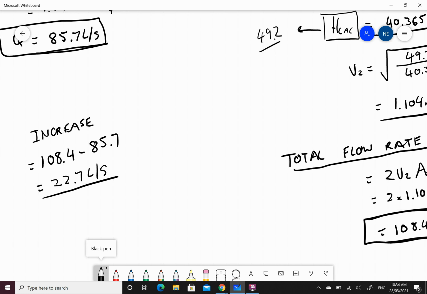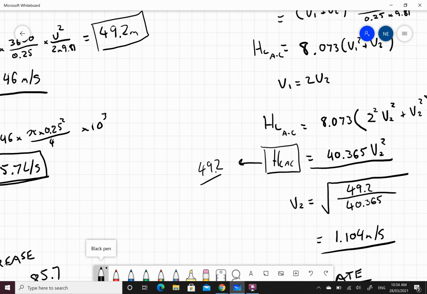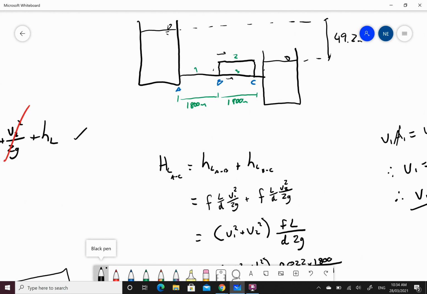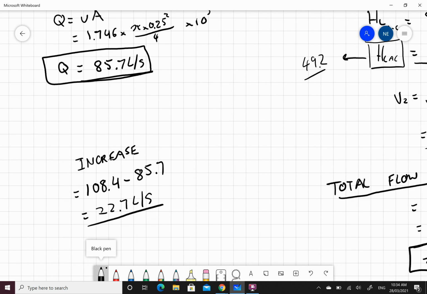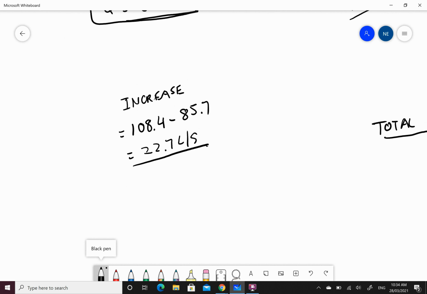So by adding in the parallel pipes to our system, by adding in pipe 2 on top of pipe 3, I can increase my flow by 22.7 liters a second. Like I said, you won't have to do this in your exam, but you will need to do it for future studies and for this tutorial.